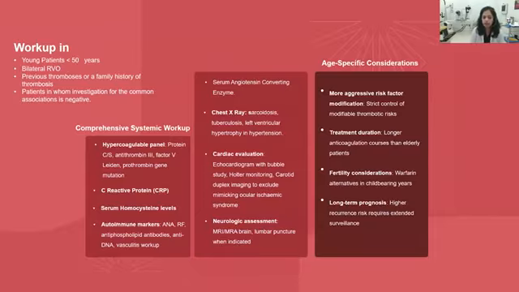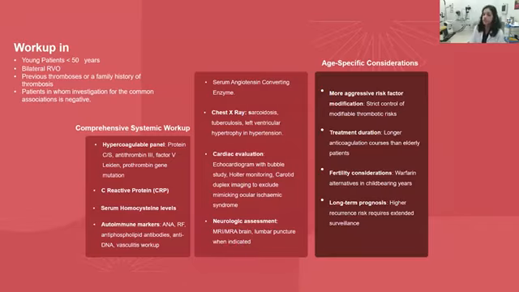In this, we do a hypercoagulable panel where we do protein C and S, antithrombin III, factor V Leiden mutation, prothrombin gene, C-reactive protein, serum homocysteine. One of the most common causes of a young patient with CRVO is serum homocysteine. Then autoimmune markers can also be done. Serum angiotensin converting enzyme, chest X-ray to rule out sarcoidosis, tuberculosis, cardiac evaluation, and neurological assessment when needed.